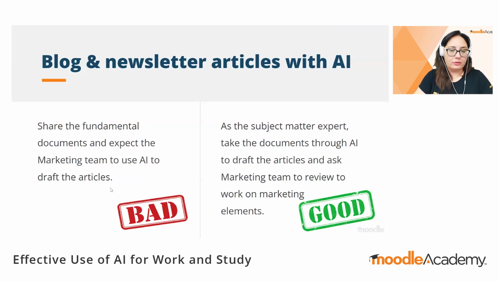And I was actually about to do this, but then I heard my manager's voice in my head saying, respect the time of other teams. And since I am the qualifications coordinator, I am the subject matter expert on this topic. So I thought it would be better if I get the main documents through AI to draft the article and then ask marketing to review the article to ensure that the marketing beats are correctly in place.